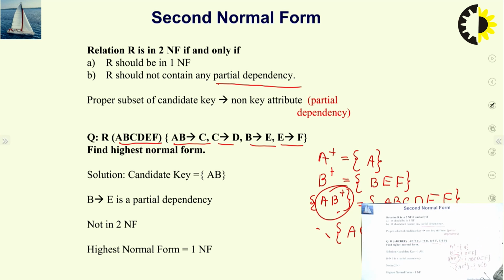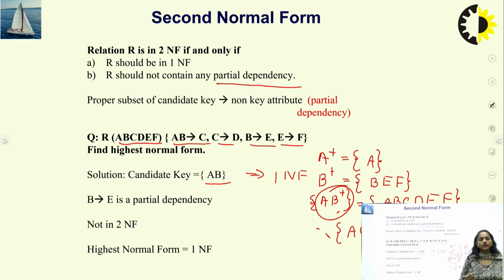We do not have B, we do not have E. So ACD is the closure of AC. In this way, if you try all the combinations, you will find there is a single candidate key, that is AB. So the candidate key is AB, and if we are able to determine the candidate key, then we can say the given relation schema is in first normal form.